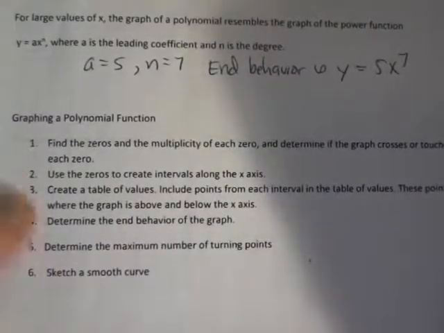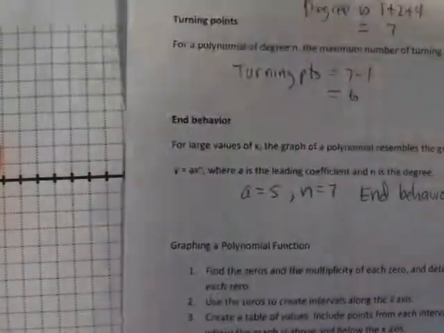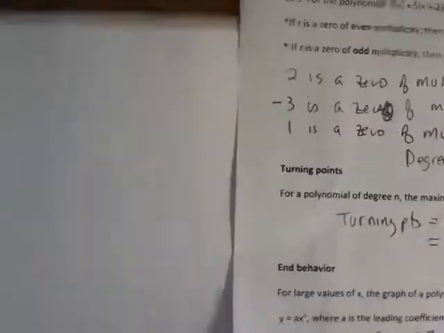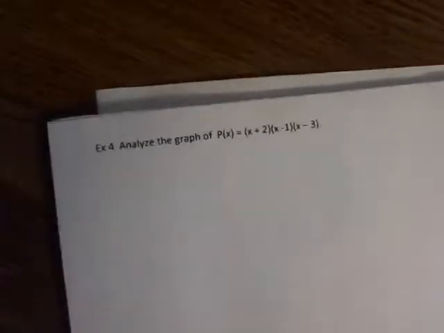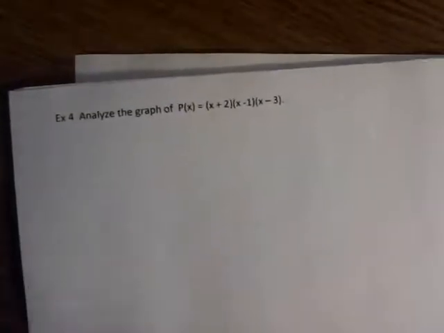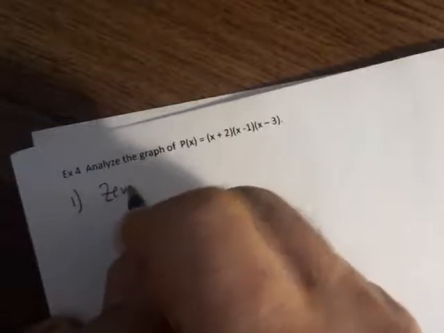So this is what you've got to learn. These are the steps you've got to know. Do this, this, this, this, this, and so on. Okay? All right, so let's look at an example here. When we say analyze the graph, that means we're doing those 6 steps. So step 1, my zeros.